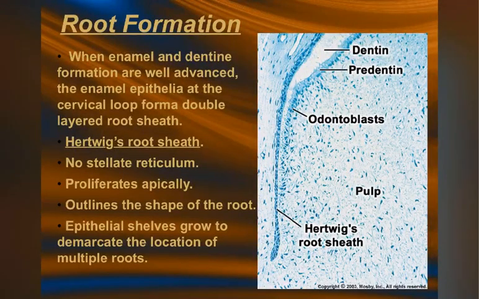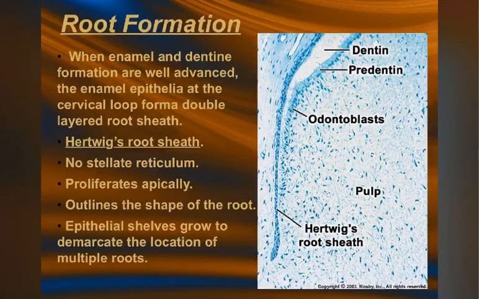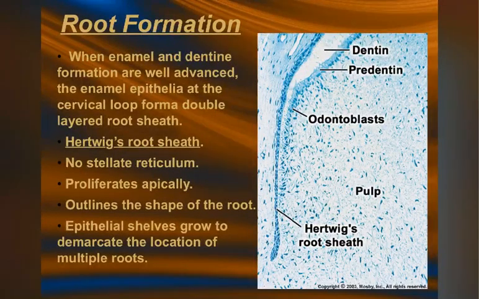Root formation starts when the enamel and dentine formation are well advanced. The enamel epithelia at the cervical loop forms a double-layered root sheath called the Hertwig's epithelial root sheath. It has no stellate reticulum and no stratum intermedium, only internal enamel epithelium and external enamel epithelium.